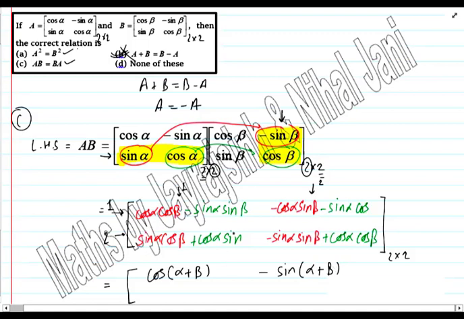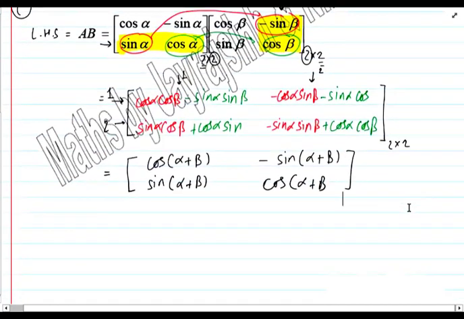And similarly, in the third element, we already have the formula of sin(alpha plus beta). The last term, if we take minus common, then actually we don't need to take minus common, right? It is actually the formula of cos(alpha plus beta). So tada, we have our left hand side.